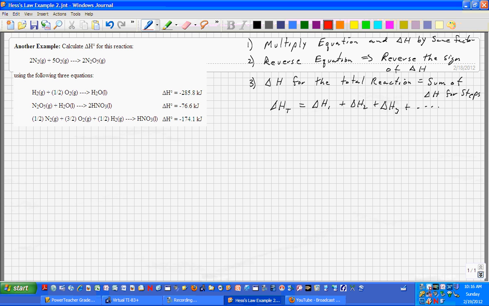So here's what we've got. We've got an equation up here, and we're trying to find the delta H for this reaction. I made an analogy that this is kind of like the picture on the box for a puzzle.